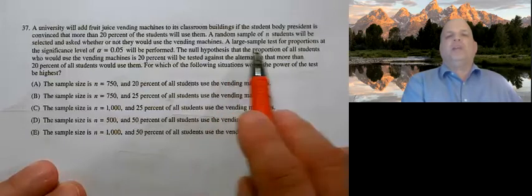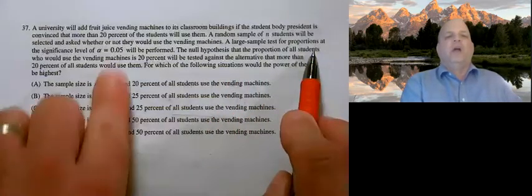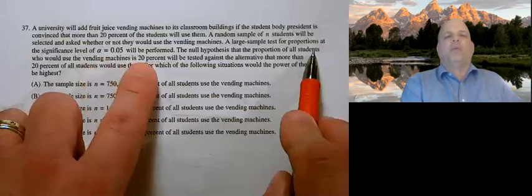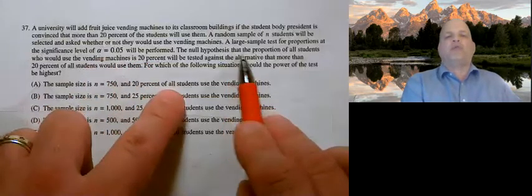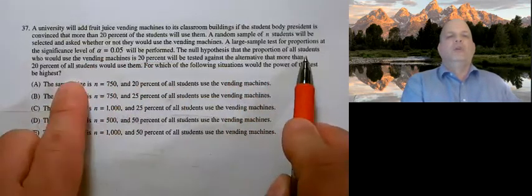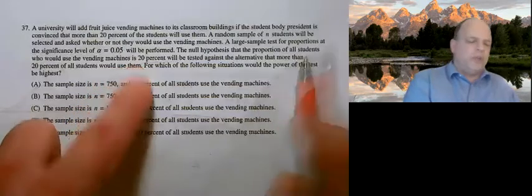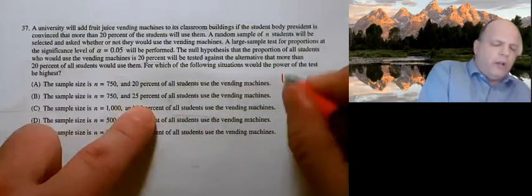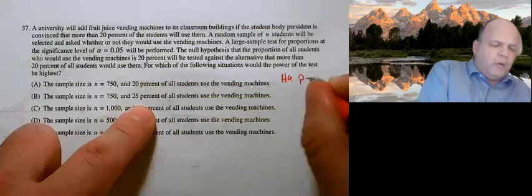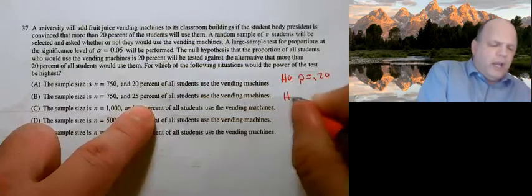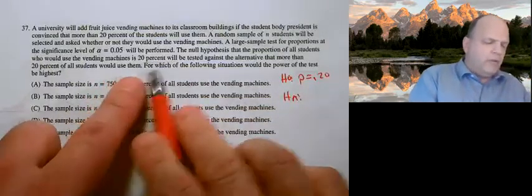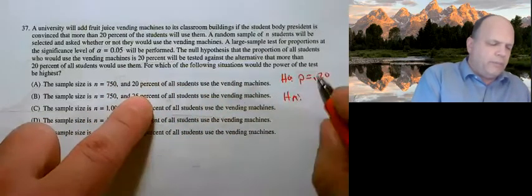A large sample test for proportion at the significance level of 0.05 will be performed. The null hypothesis is that the proportion of all students who use the vending machines is 20%. So here we have our null, H0: p equals 0.20, HA: p is more than 20%.